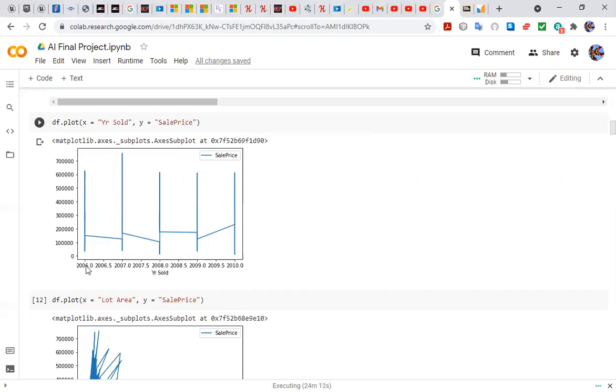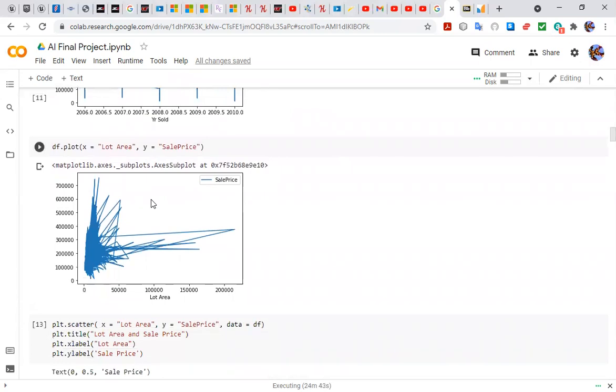Back in 2006, there was a home that was sold for over $600,000. And then over here in 2007, a home went for sale for above $700,000, probably like $750,000.